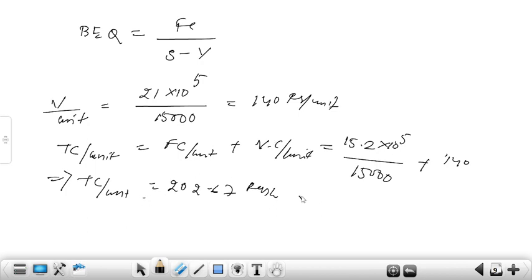So we have to find the break-even quantity. The break-even quantity is the fixed cost, 15.2 into 10 to the power 5, divided by total sale price minus variable cost. The total sale price is 300 rupees and the variable cost is 140 rupees per unit.